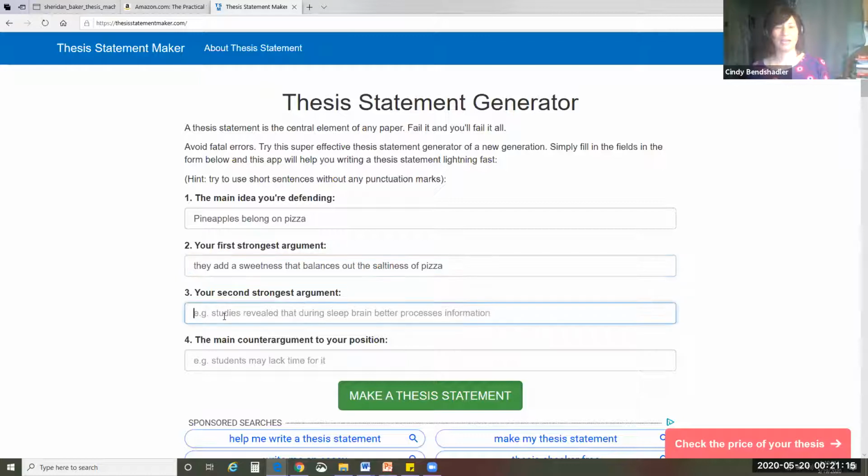And then my second strongest argument might be they add a juiciness that balances out the dryness of the crust. And then my main counter argument for this is pineapples make pizza overly sweet and soggy.